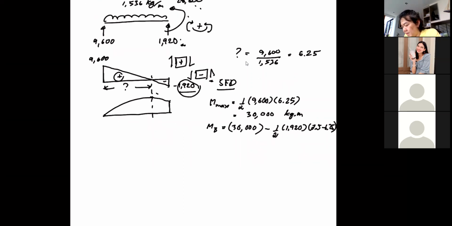For member BC, what you have is that one. Remember that the shear will not be the same because we are now using the forces perpendicular to the member. 1920 is perpendicular to AB, but 1920 is not perpendicular to your BC. So this one is 2400 down and 7200 up.